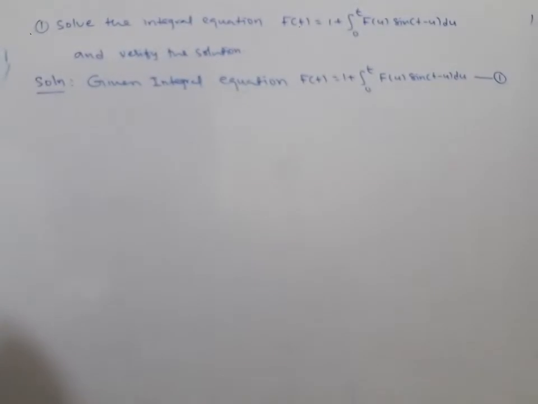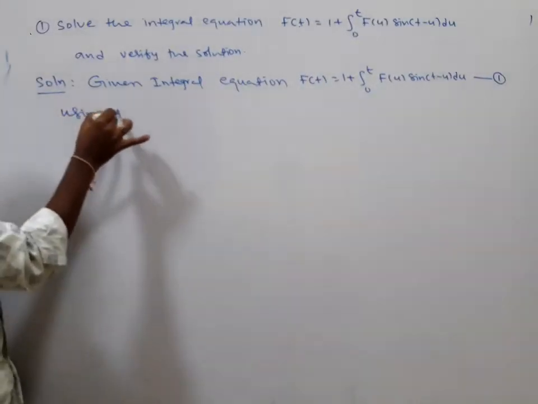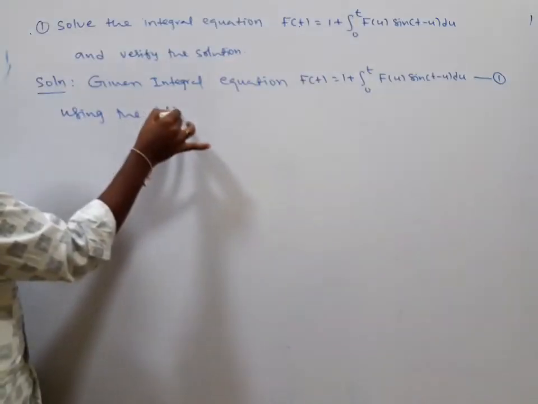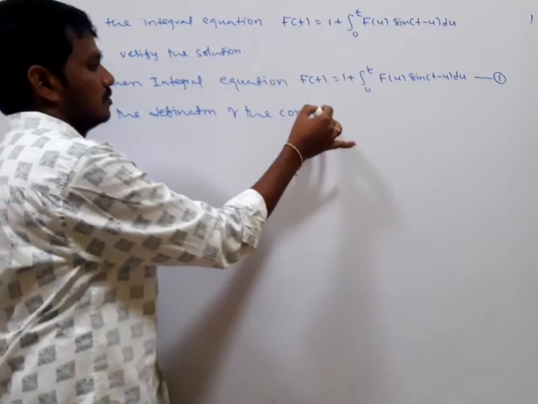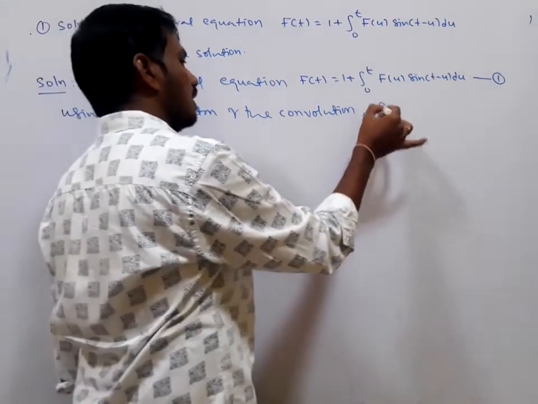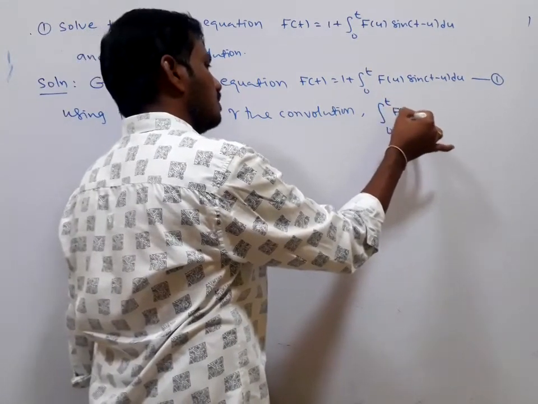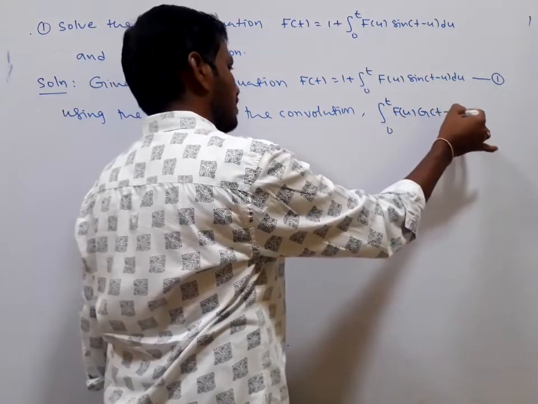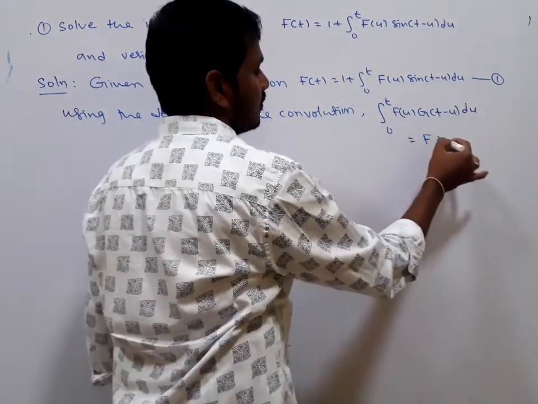Next, using the definition of the convolution, we have the integral from 0 to t of f(u) g(t − u) du, which is the standard definition I am writing, equal to f star g.